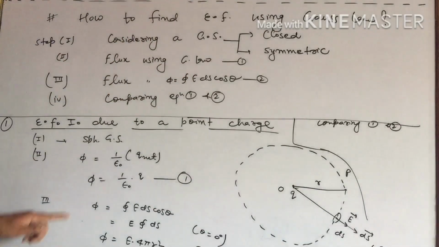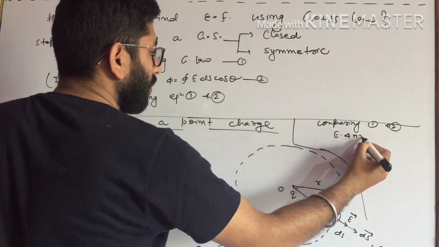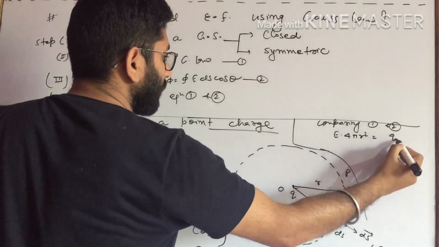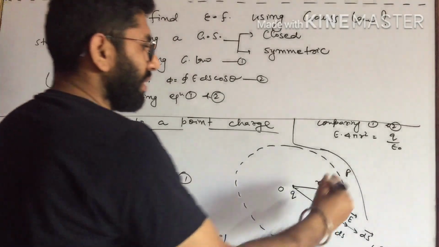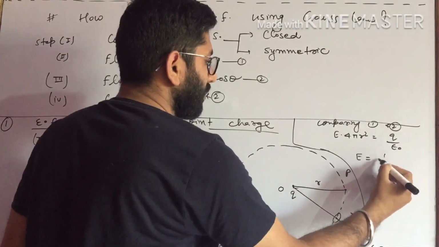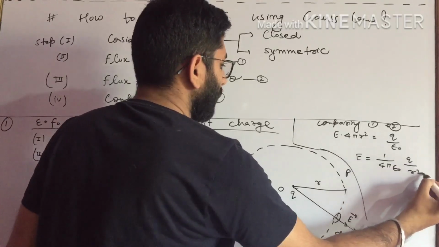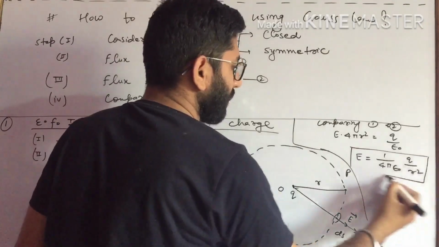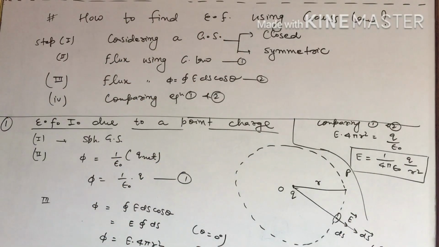Comparing 1 and 2, we have E into 4 pi r square equals q upon epsilon naught, and from here we get E equals 1 upon 4 pi epsilon naught q upon r square. So this is the same result which we obtained using Coulomb's law.